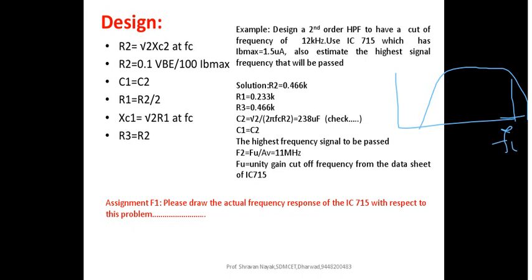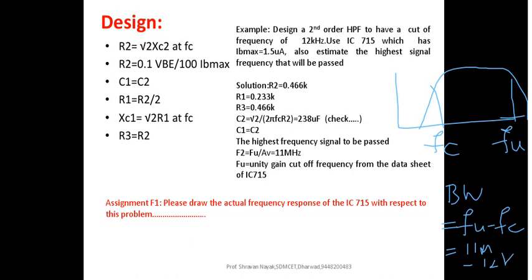So therefore, your pass band here will be remaining from 12 kilohertz to 11 megahertz. Though ideally it is 12 kilohertz onwards till infinity, right? But it will not be infinity. Practically, it is limited by the unity gain cutoff frequency of the operational amplifier used, right? So, this is the simple example as far as the design of the high pass filter is concerned, right?